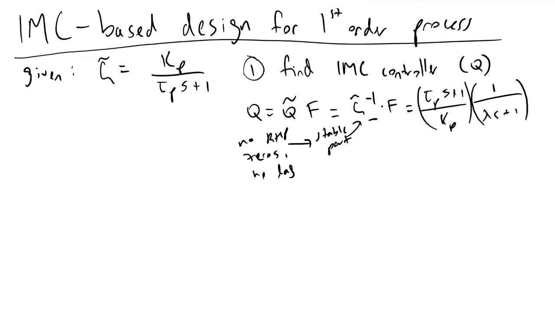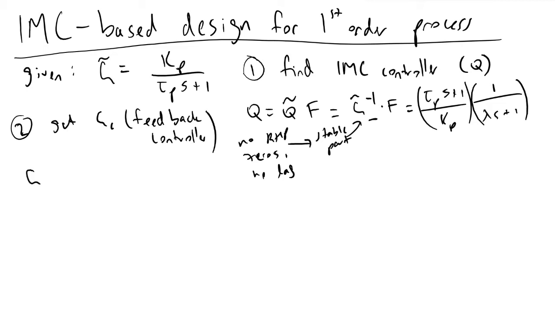And so now that we know what our internal model controller is, we want to standardize it. So step 2 is to get Gc, the feedback controller. To do that, there is an equation that we have derived previously via control block algebra, which tells us that it is equivalent to Q, the IMC controller, divided by 1 minus Q times the process model that we've been given.